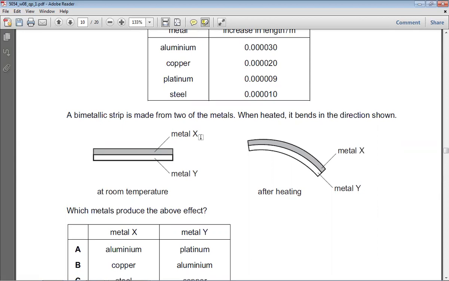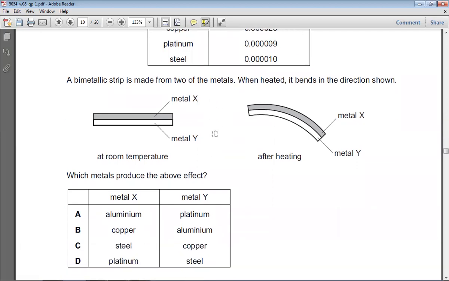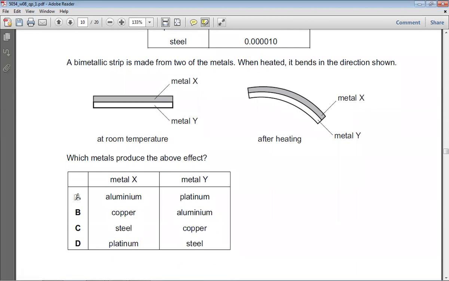Aluminum is 0.000030, and the platinum is 0.000009. The aluminum is larger, showing larger expansion that can be on X, and platinum is showing less that can be Y. So I think A is the best option.